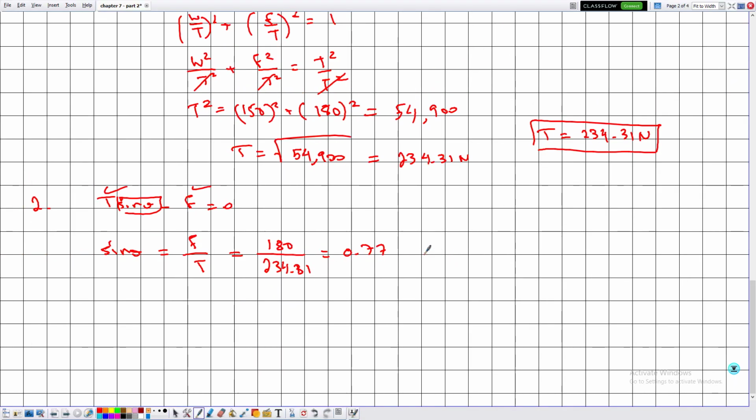Always the unit of sine and cosine is 1, so sine theta is equal to 0.77, and using our calculators, theta, which is equal to sine minus 1 of 0.77 in degrees, is almost 50 degrees. Okay, so the value of theta is 50 degrees.